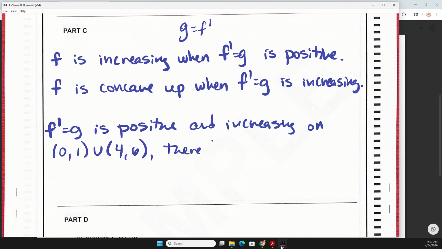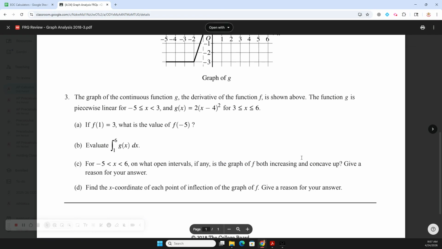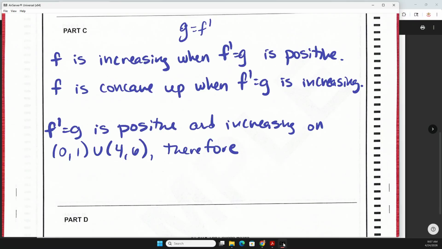Therefore, now we're going to answer the question, and we're going to answer the question with their words. So they want to know when is the graph of f both increasing and concave up. I'm going to say those words.